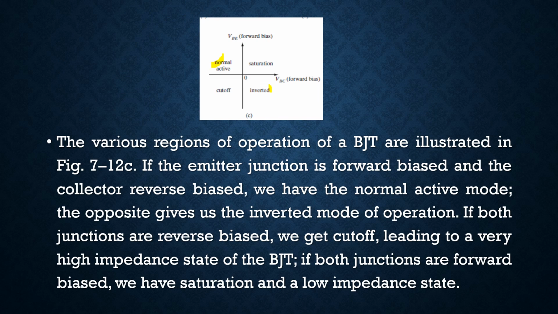If both junctions are reverse biased, we get cutoff, a very high impedance state, and if both junctions are forward biased, we have saturation, or low impedance state. So this is how your transistor or your BJT switches from the on state to off state or off state to on state.